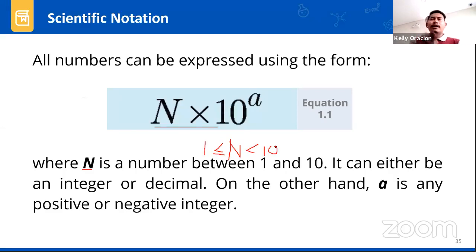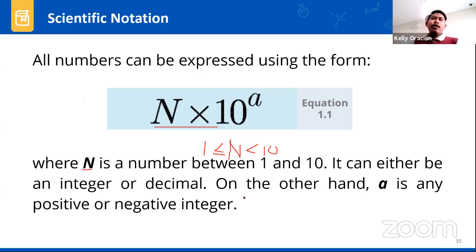What does that mean? 1 is still accepted, but 10 is not. So the maximum value of n for your scientific notation should be 9.9999999, and so on. Basta, it doesn't reach 10.